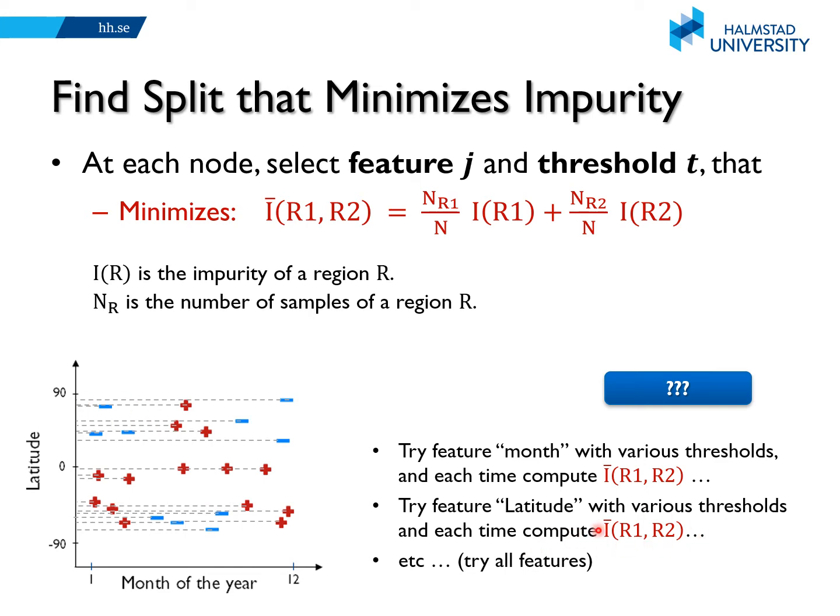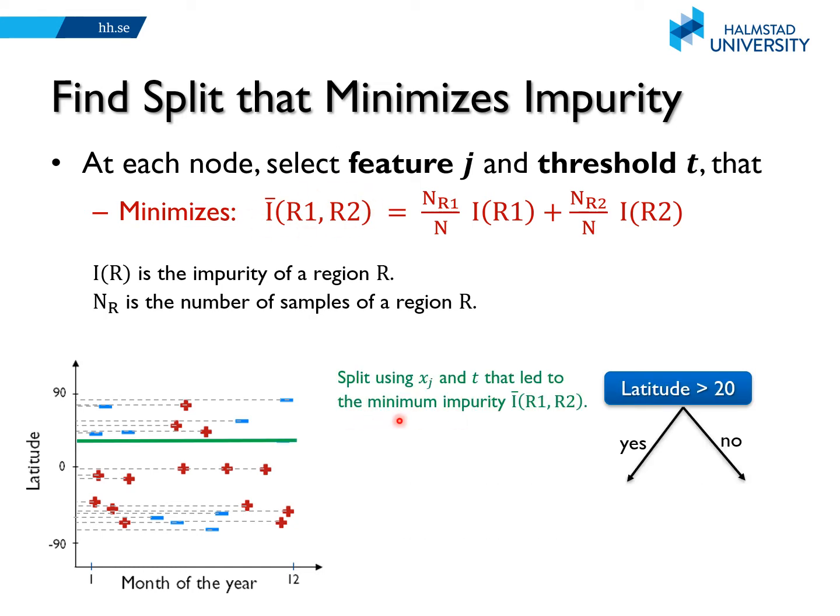And same thing, each time we compute the impurity of the subregions we get. And we continue. If we have more features, we do that for all features. And at the end, we pick the feature and the threshold that led to the minimum possible impurity, or the weighted average impurity. So suppose that this was the feature latitude and the threshold 20. So we have this split.